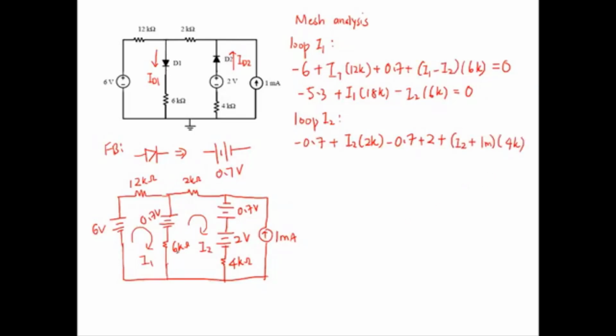And last we have the 6K, plus I2 minus I1 times 6K equals 0. Simplifying, you should get 4.6 minus I1 6K plus I2 12K equals 0.